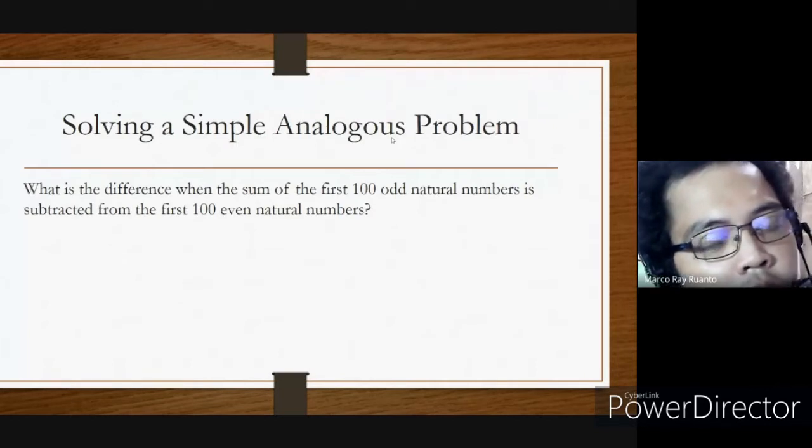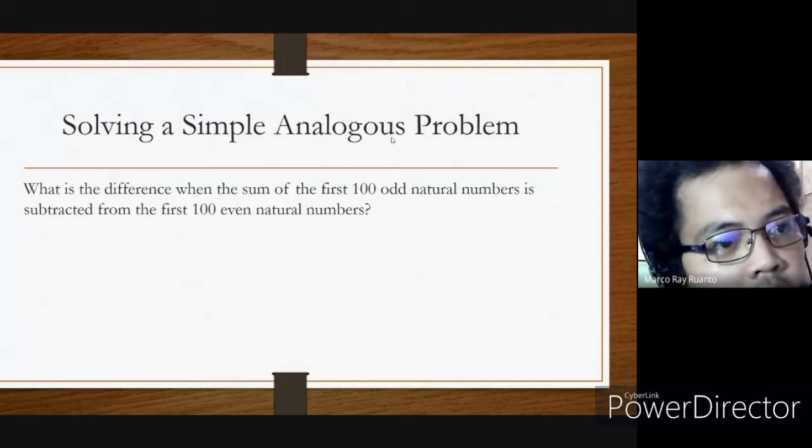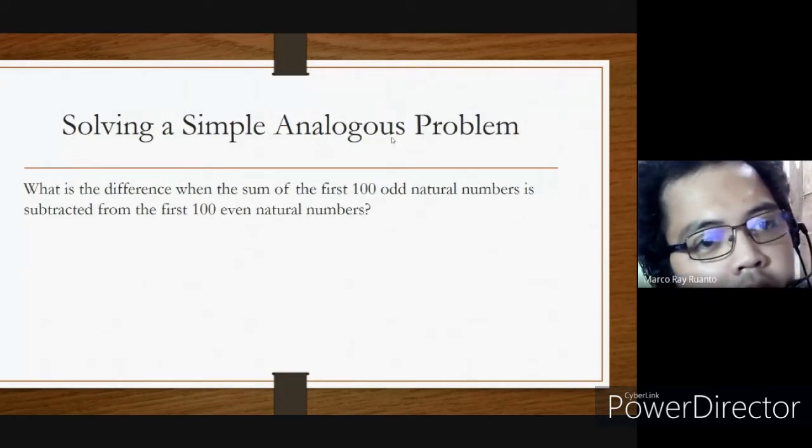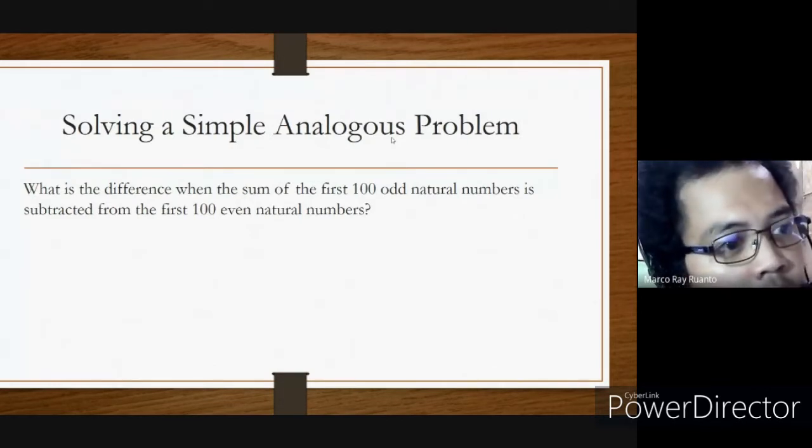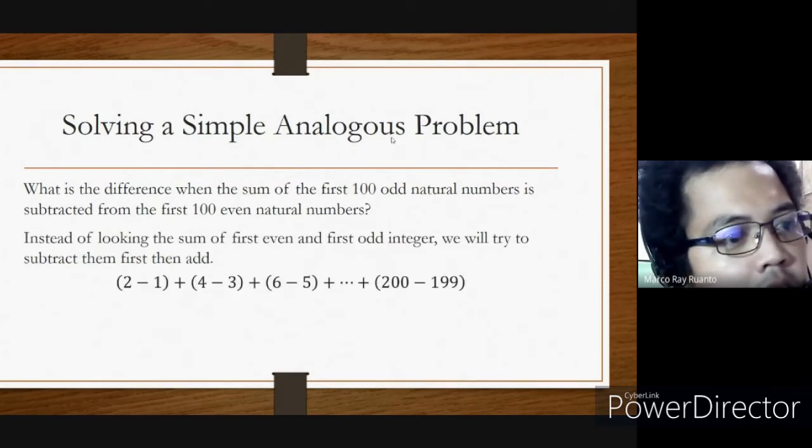So we can do 2 minus 1, 4 minus 3, plus 6 minus 5, and so on. So we can try it this way.